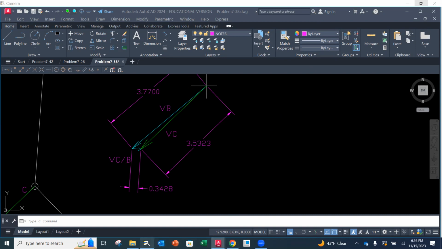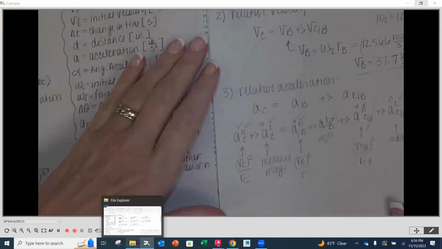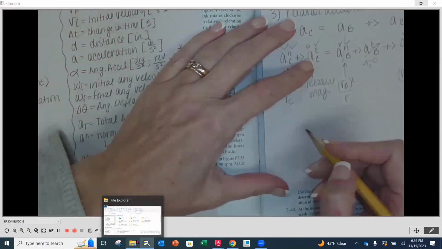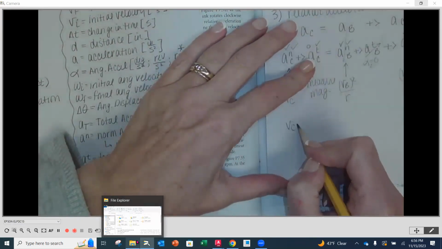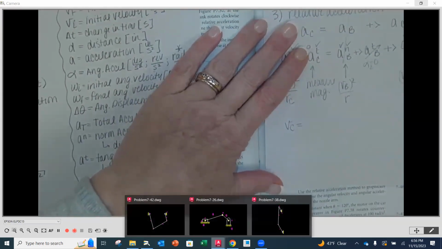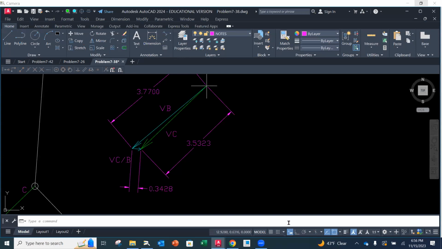So going back over here, we know that our velocity of C was equal to 35.323 inches per second.